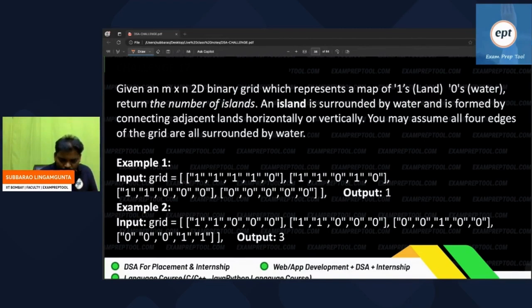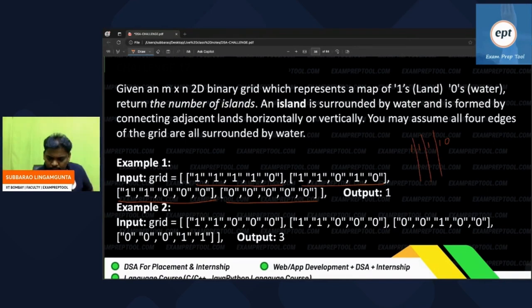If you see the first example, this is one row, this is one more row, this is one more row, this is one more row. If you write it properly, you will get the clarity. So 11110, five columns.